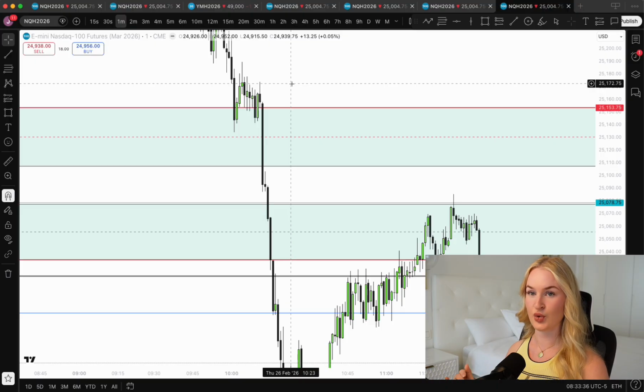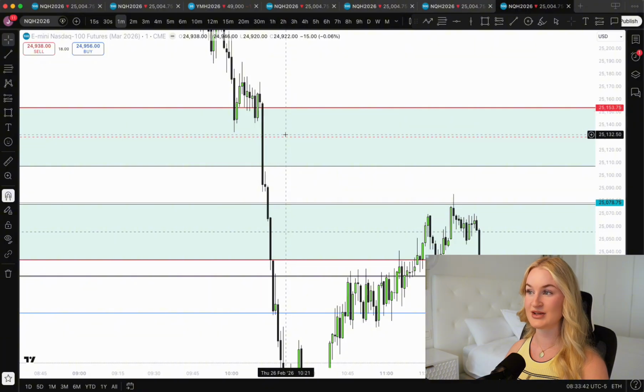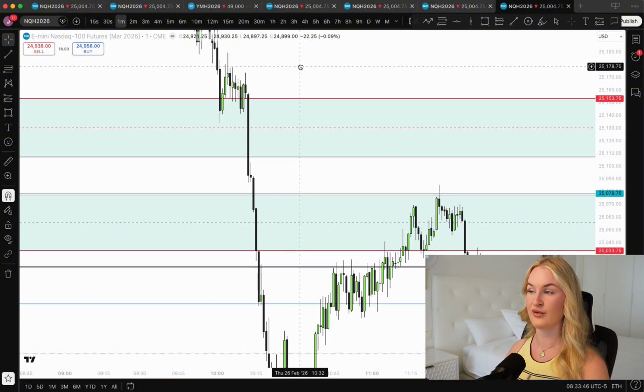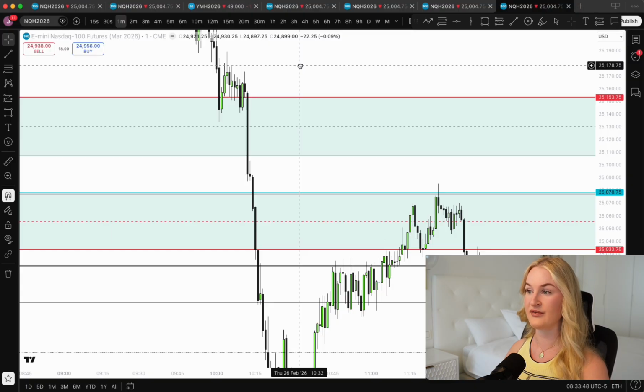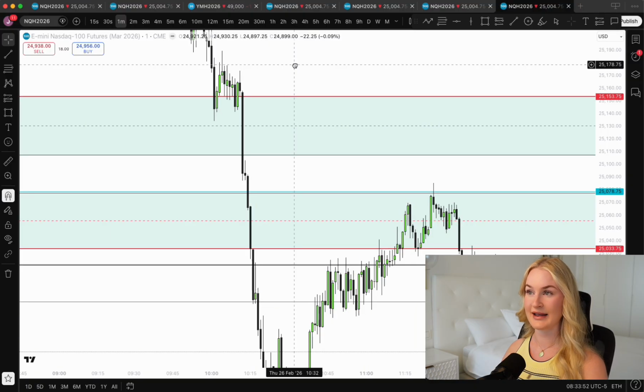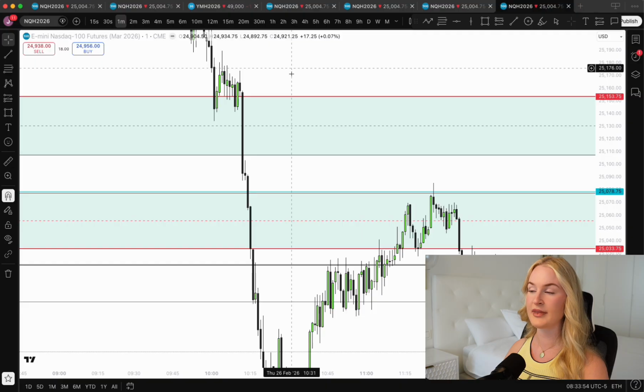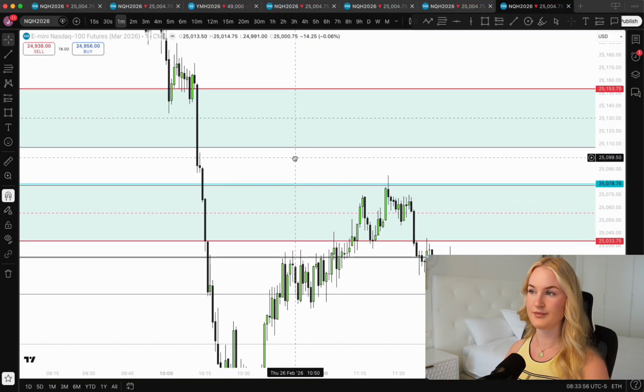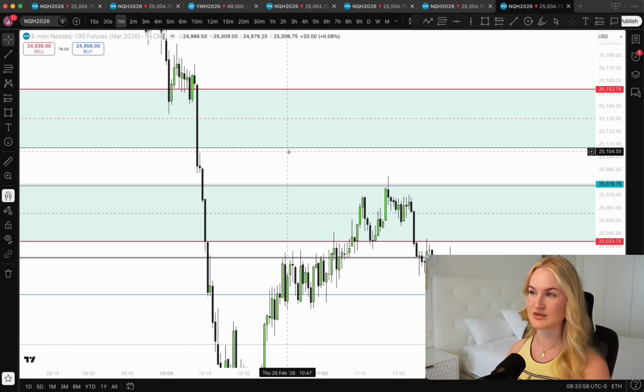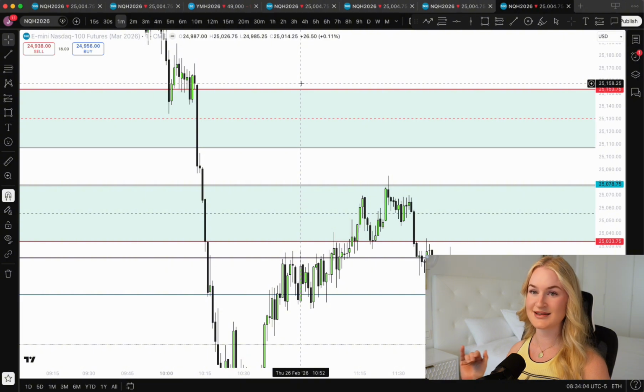And when we ignore one of those key levels, like we do right here, then the market is showing you its hand that we are very, very heavy, that we're very, very weak, and that we're likely to drop even more. And it's the same for the upside as well. When we don't find resistance at these key levels, then the market is showing you its hand that it's very strong and very likely to go even higher.